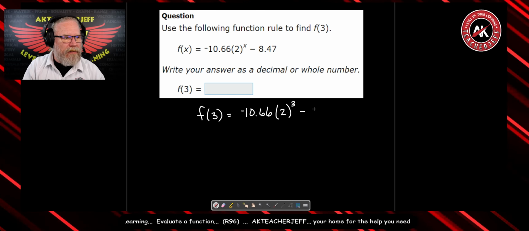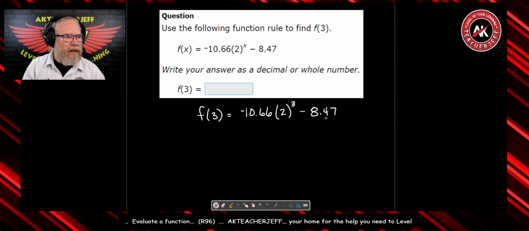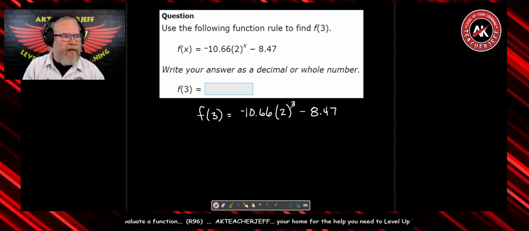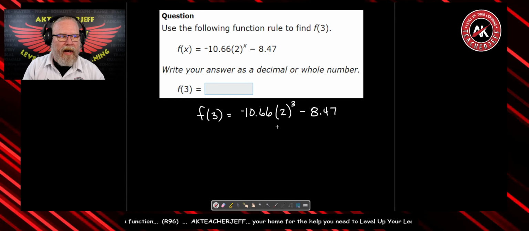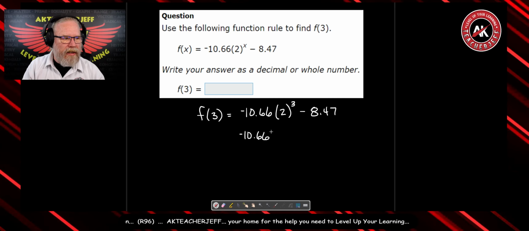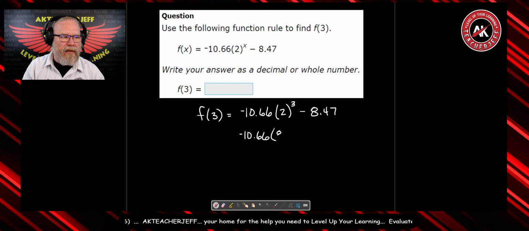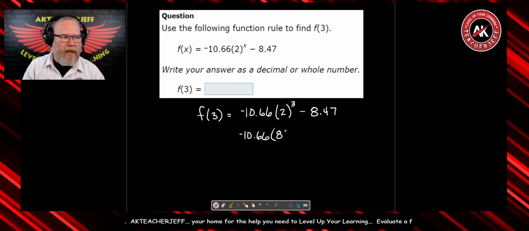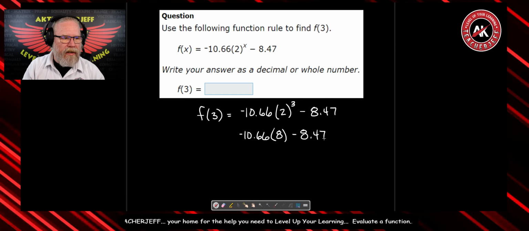And from that, we have to subtract 8.47. In this case, I need to first take that 2 to the power of 3. So that's going to be negative 10.66 times 2 cubed, which is 8. 2 times 2 is 4, times 2 is 8. Now from that, subtract 8.47.